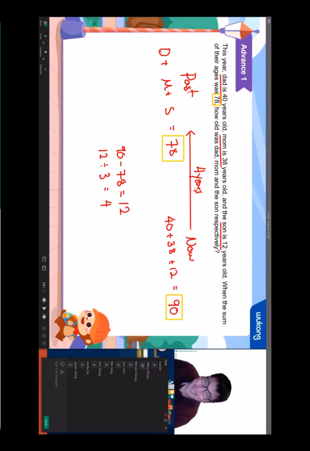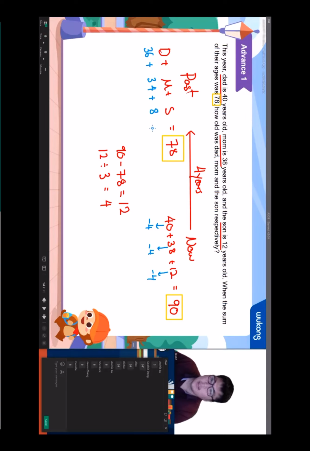Now what's the next step? Because it's the past, we take away 4 years from now. So how old is dad, everybody? 36, well done. And how old is mom? 34. And how old is their son? 8.